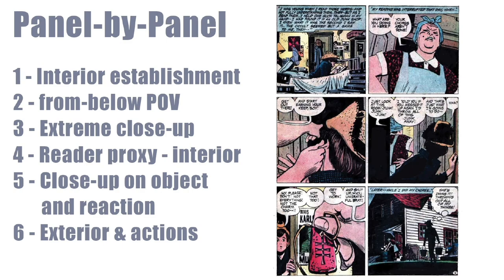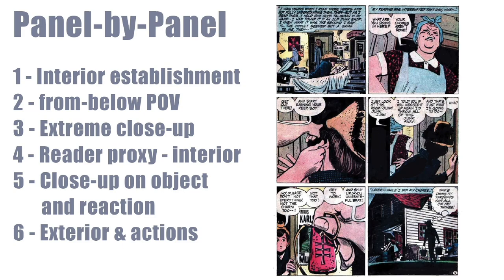Panel by panel, first there is an interior establishing shot, where we see a kid reading on his bed. Panel 2, threat, a from-below panel of a stepmother entering the room. Panel 3 is an extreme close-up of the stepmother grabbing the kid's ear and telling him to get out of his room.